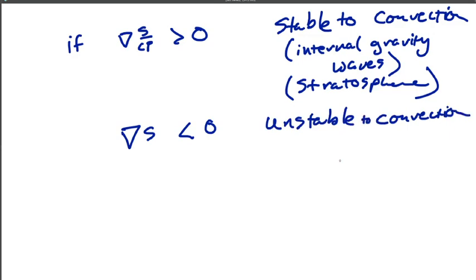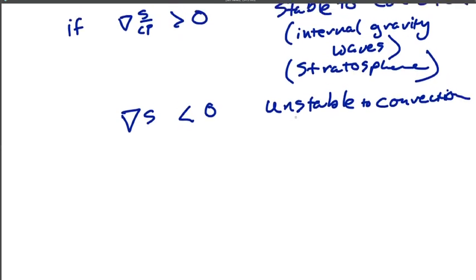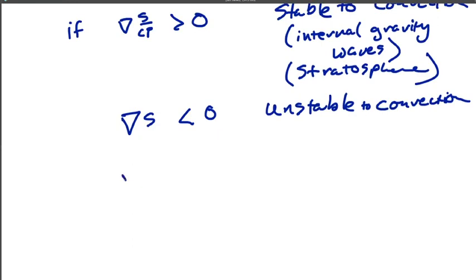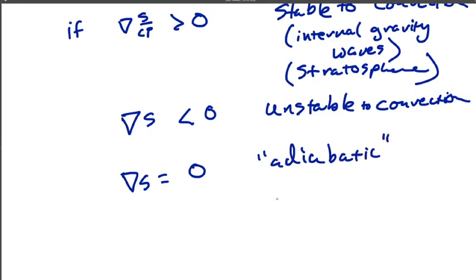Unstable to convection. We have convective motions and convective instability. And lastly, if the entropy gradient grad S is 0, then we have the same entropy everywhere, and we call this adiabatic. So the same entropy everywhere.